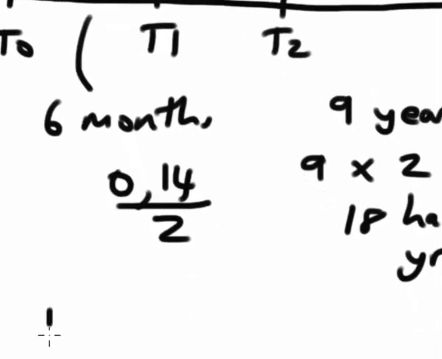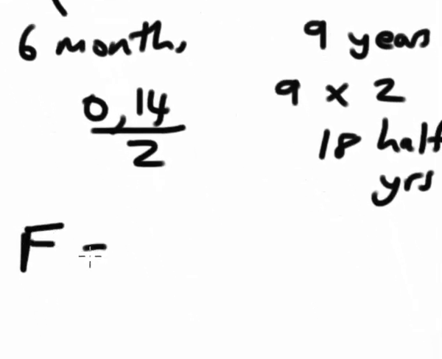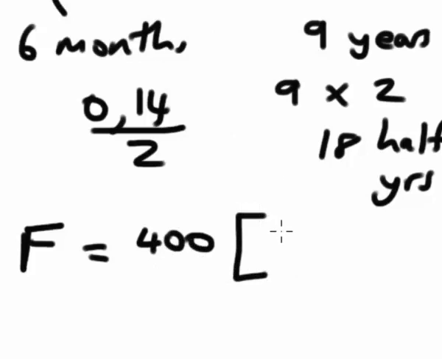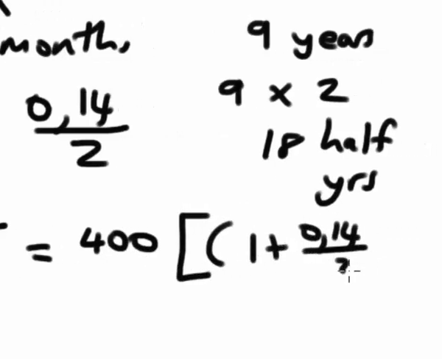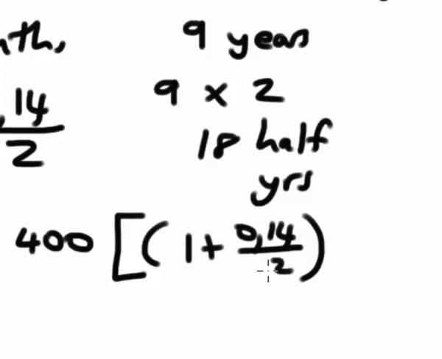So how does this work? Well, the future value is going to be, what's the half-yearly payment? Every half year is 400 into, now careful, it's 1 plus 0.14 over 2. Now, careful, people. If we think about it carefully, what is that going to be? It's going to be over 6 months.